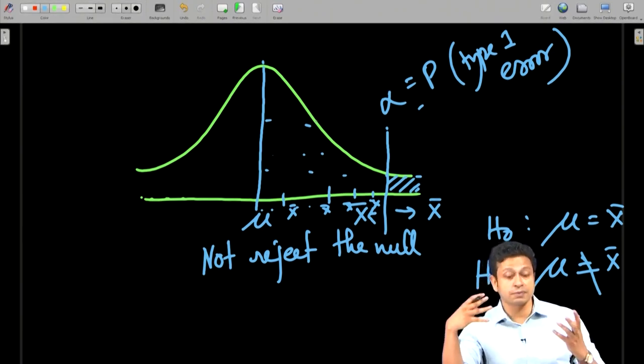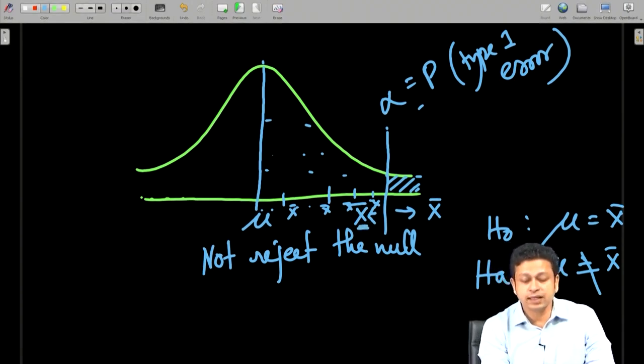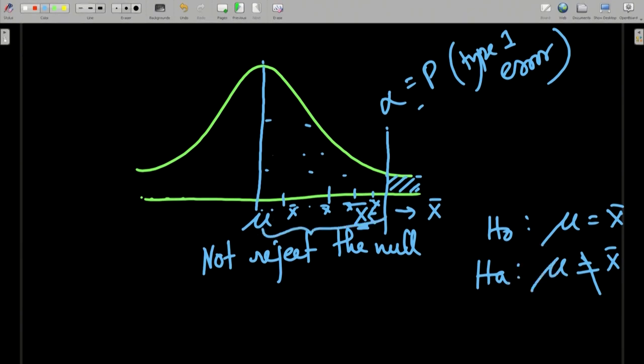Because the evidence that I have gathered is still in this zone. I only reject the null hypothesis if my evidence is so strong that it falls here.